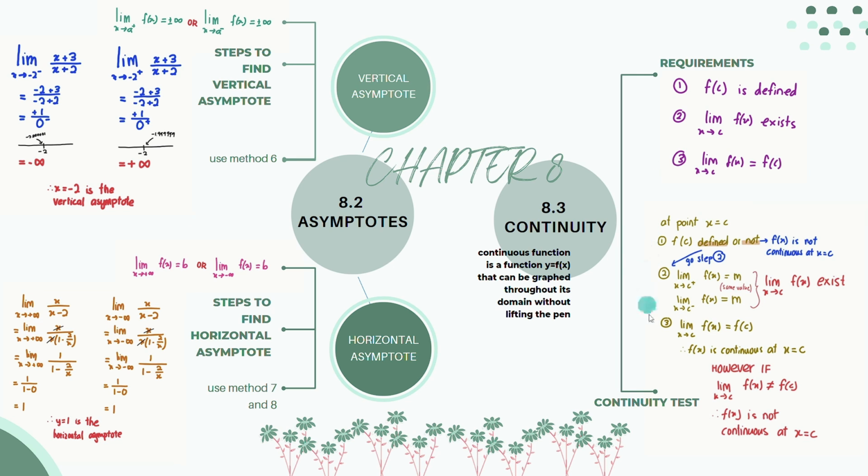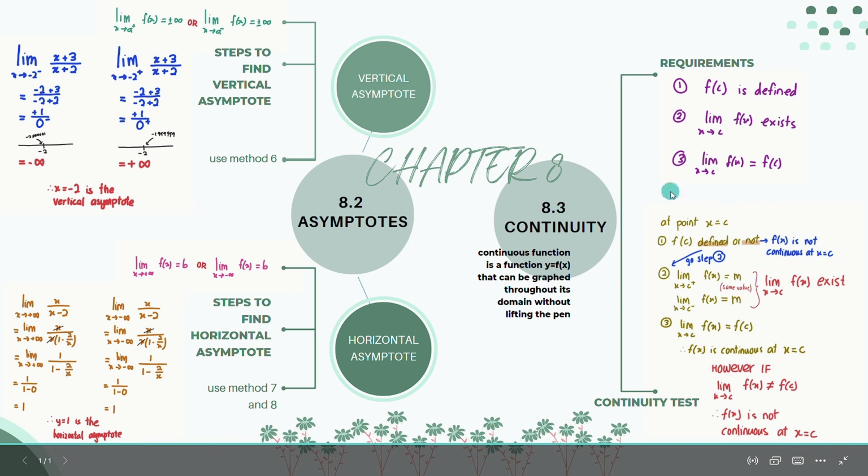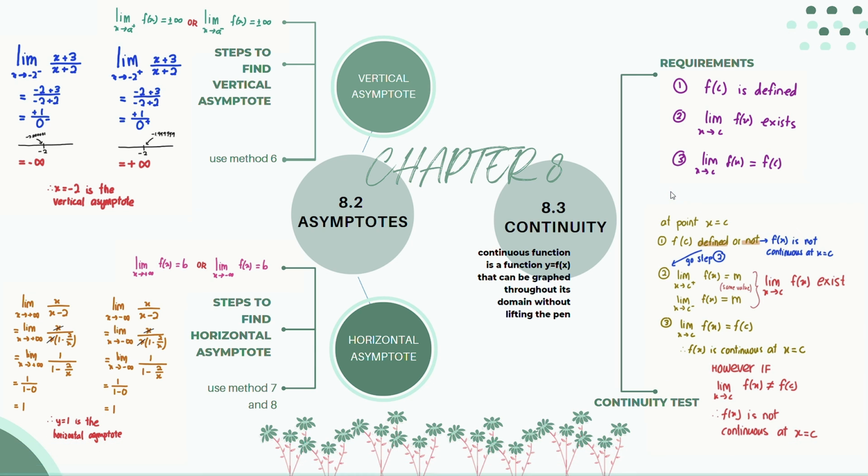So the continuity test, we can know that the point x equal to c, we should determine whether f(c) is defined or not. If it's not defined, we can conclude that the function is not continuous at the value x equal to c. However, when it is defined, we can continue with finding the limit x approaching the value of c from right and from left of the function.